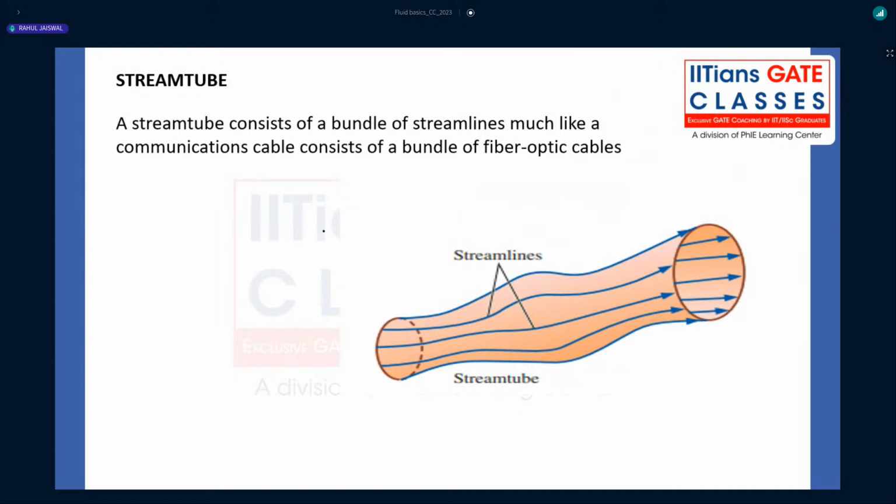The combination of these streamlines gives rise to a tube kind of structure. That tube will be called a stream tube. Make a note of it. A stream tube consists of a bundle of streamlines. It is much like a communication cable consisting of a bundle of fiber optic cables, right? These fiber optic cables we can think of as single streamlines.